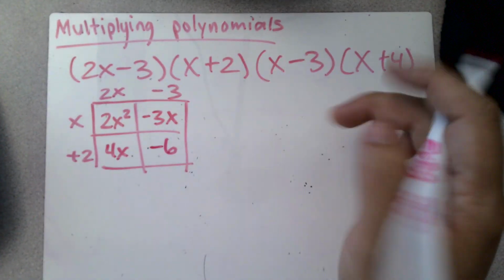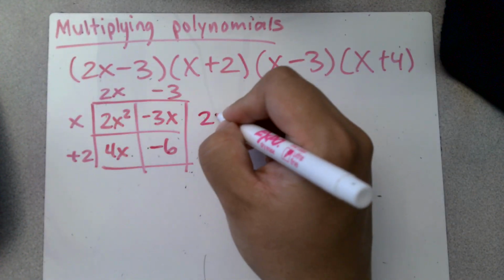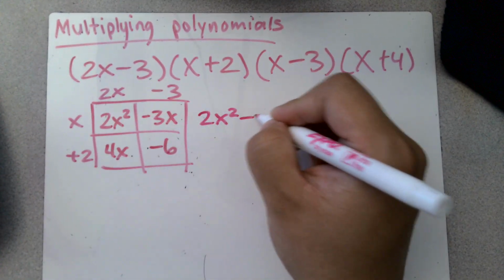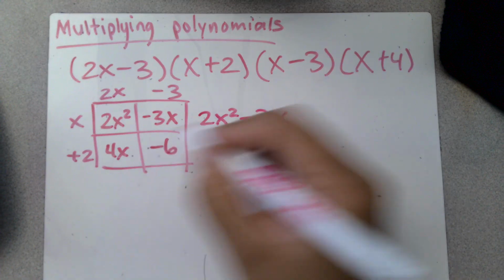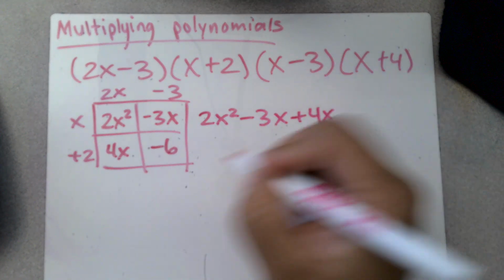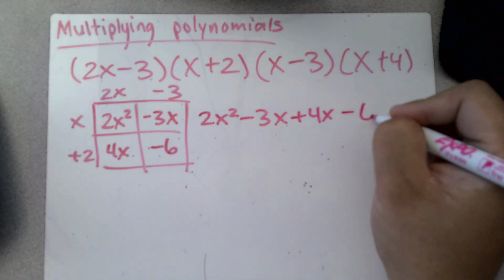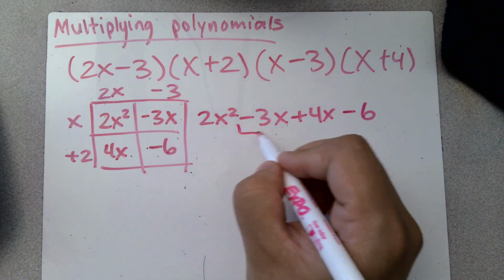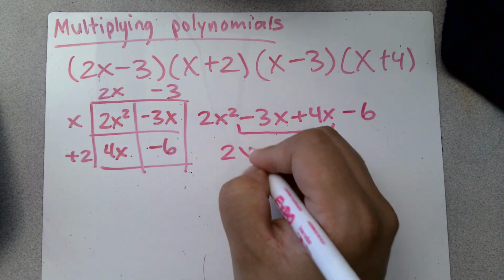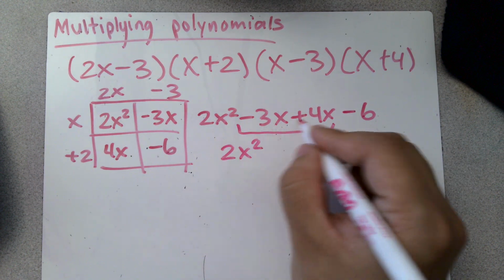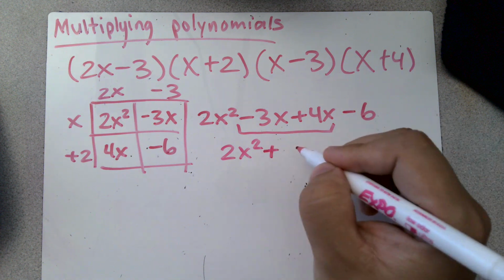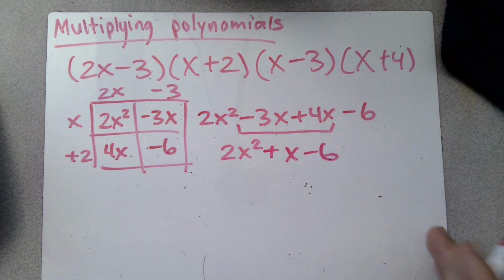Okay, if I write this out, 2x squared - 3x + 4x - 6. Combine like terms: I have 2x squared, negative 3x plus 4x is plus 1x, minus 6.